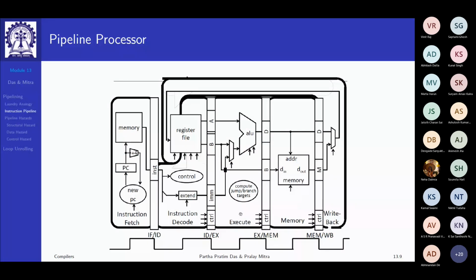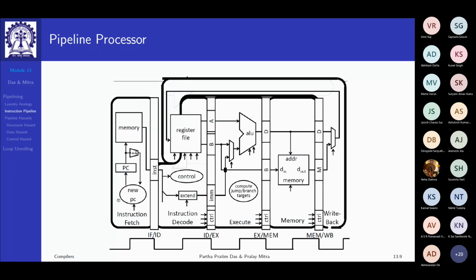So if we look at a very naive pipelined processor architecture, we'll have instruction fetch happening here, then the instruction decode, then the instruction execute, then the memory access, and then the write back.